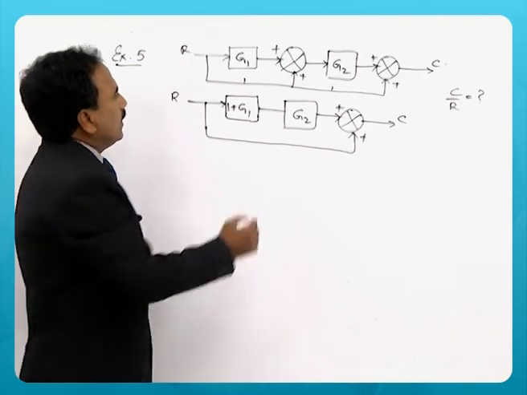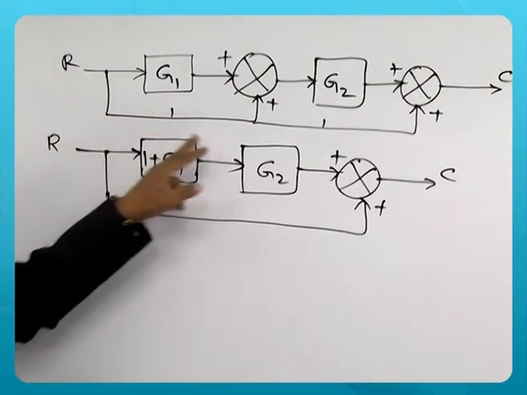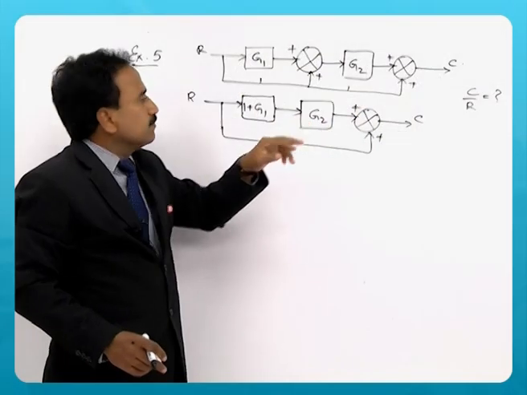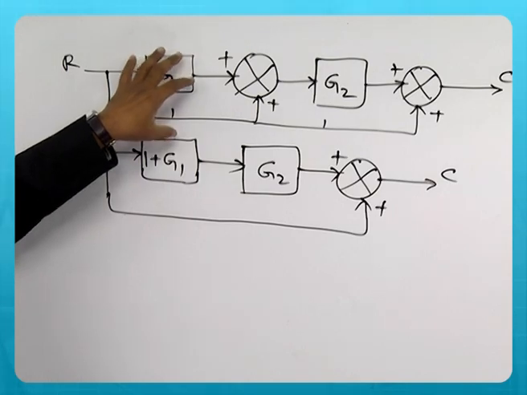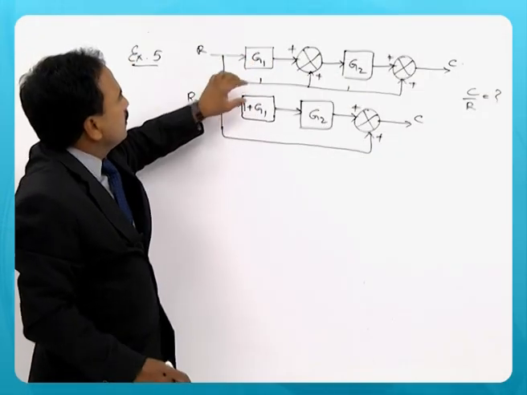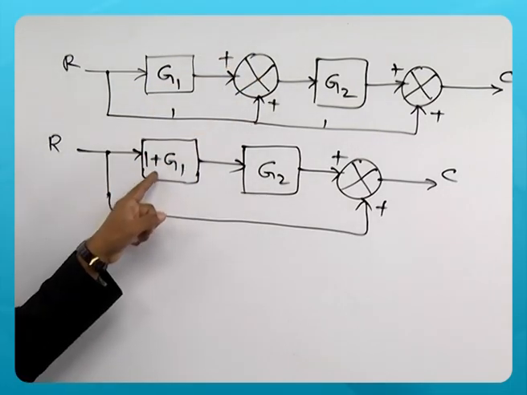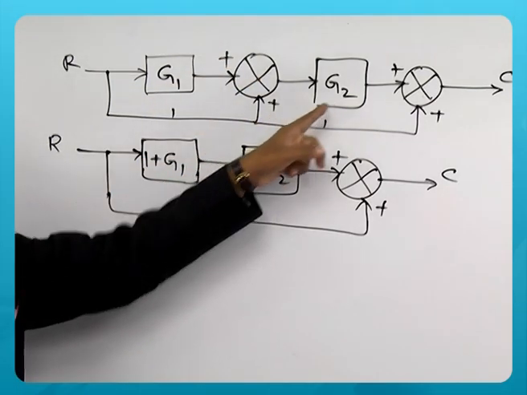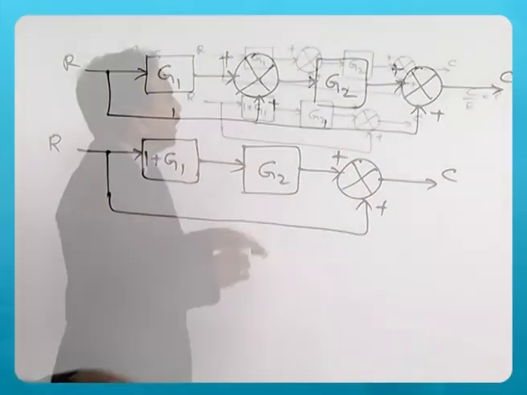Now it is simplified like this, because the same signal R is going to both the summing points. So I have added this 1 plus G1 because these two are in parallel. Rule 2 says 1 and G1 are in parallel up to this summing point. So I can get a single block, G2 as it is, and then this signal again is added here.